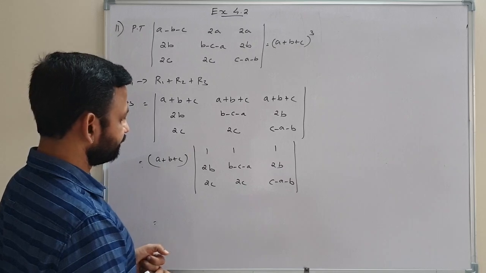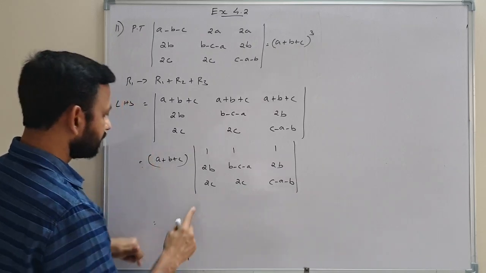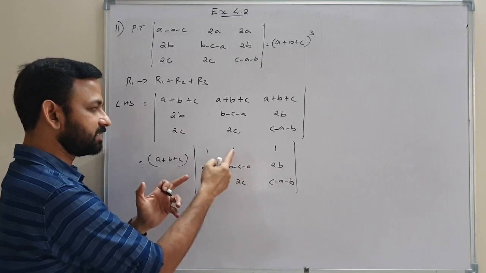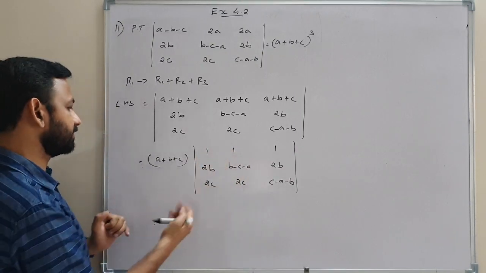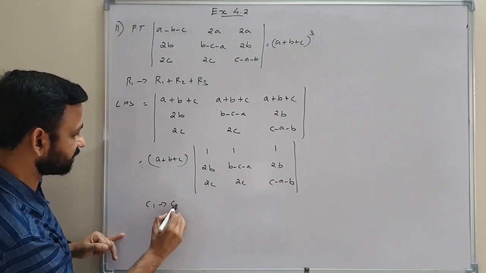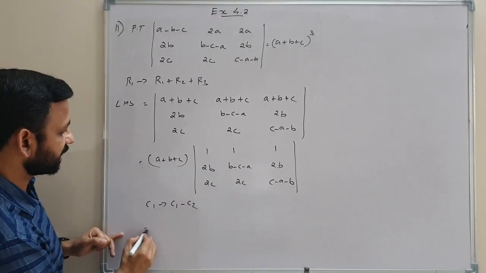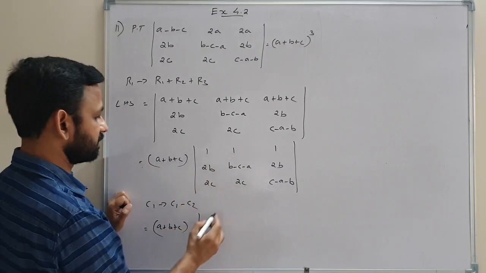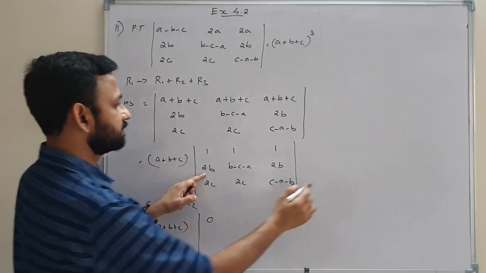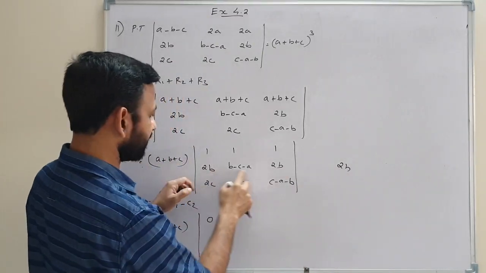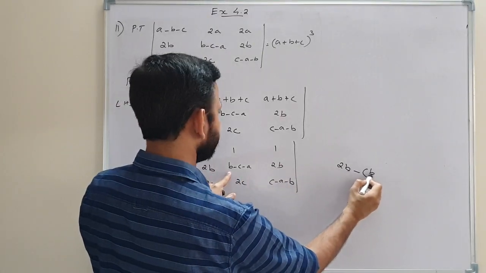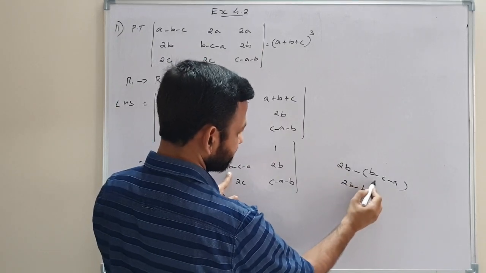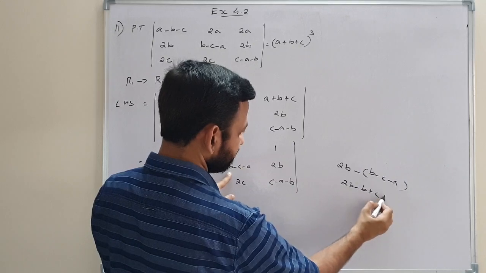So we can do C1 tends to C1 minus C2, or we can write C2 tends to C2 minus C1. So we will do C1 gives C1 minus C2. That is a plus b plus c common. Then 1 minus 1 is 0. Here 2b minus of b minus c minus a: open the bracket, 2b minus b, plus c, plus a.